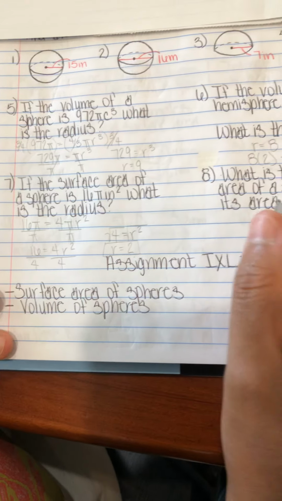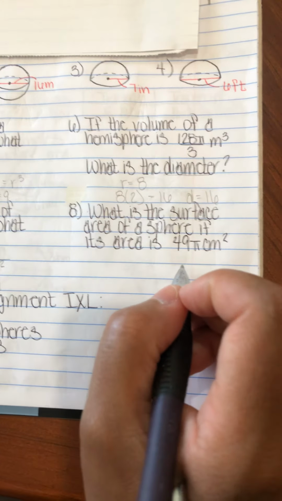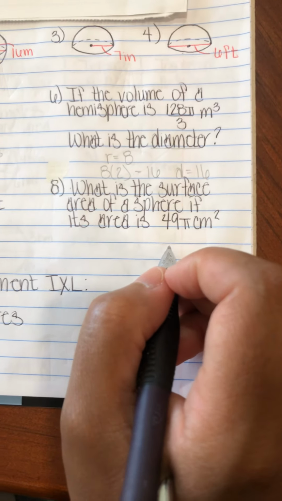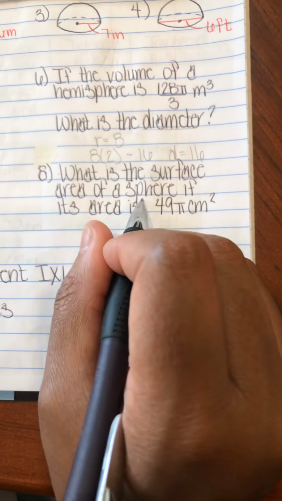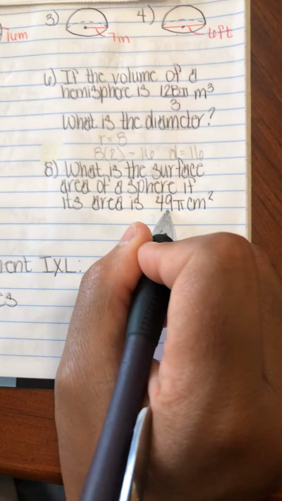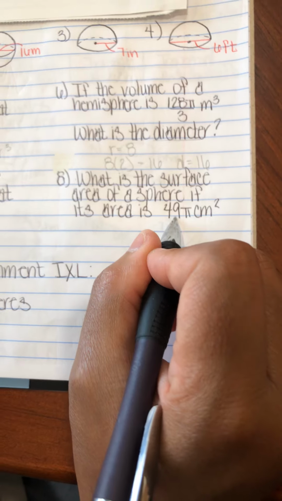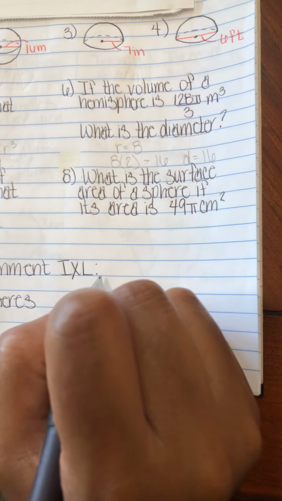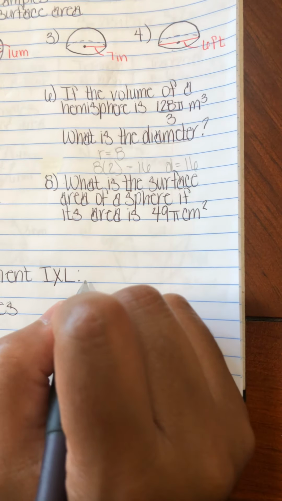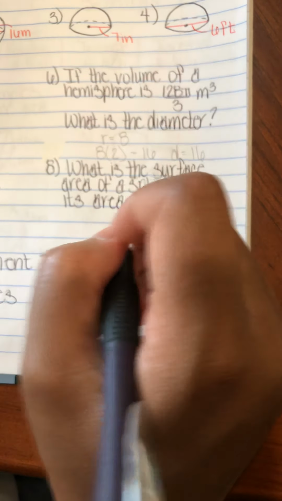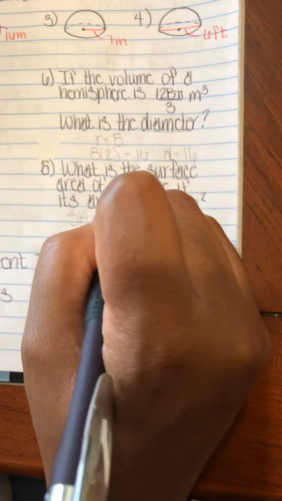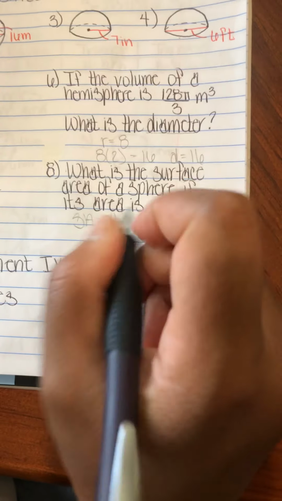For the next one, again, I'm looking for surface area. It says, what is the surface area of a sphere if its area is 49 pi? So this time it's telling me my area is 49 pi. Remember that surface area is 4 pi r squared.